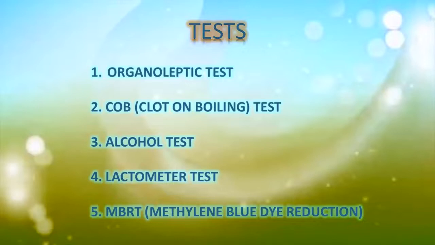Other tests such as lactometer test is used to detect the alteration of the density. Example, density means specific gravity of milk, butter fat content, and the chemicals also determined by lactometer. Third, the bacteriological test may only be possible at the milk collection center or at the dairy laboratory.